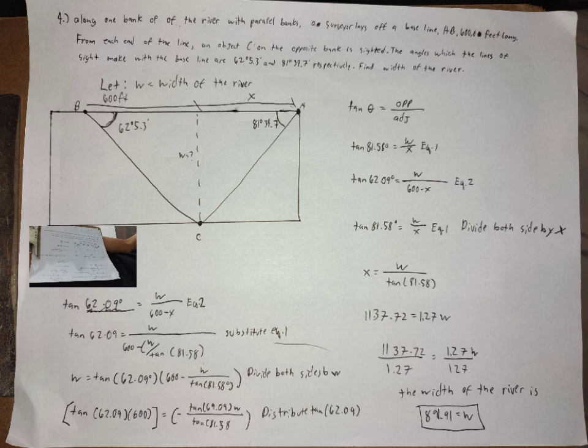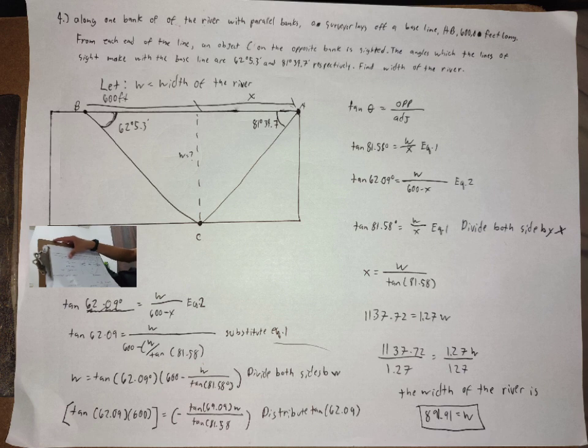For equation number 2, tangent 62.09 degrees equals width over 600 minus x. So tangent 81.58 degrees equals width over x. Divide both sides by x. So x equals the width over tangent 81.58.